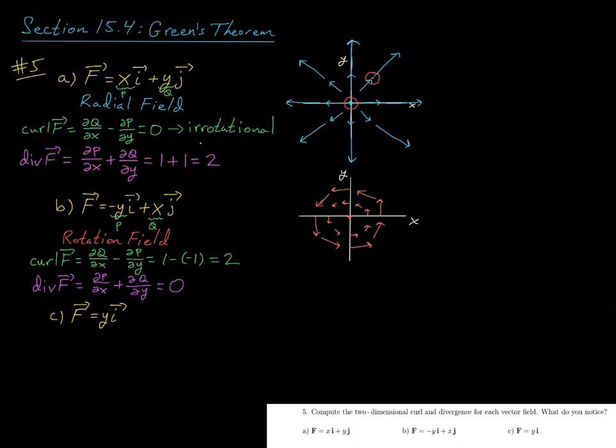You can see there's just this flip-flop from what we saw in part A. I also want to point out here that since the divergence is identically 0 at all points in the xy plane, we call this vector field source free on all of R2.